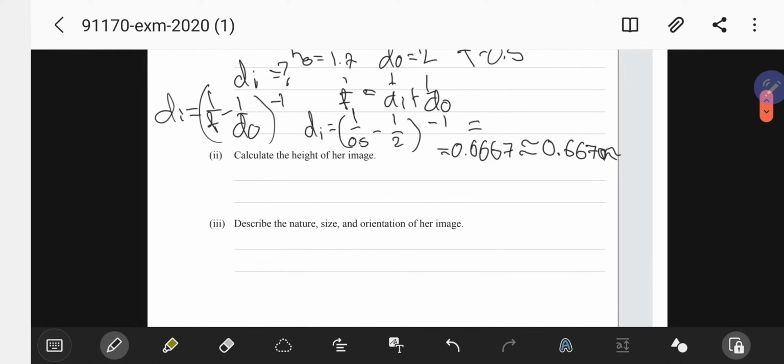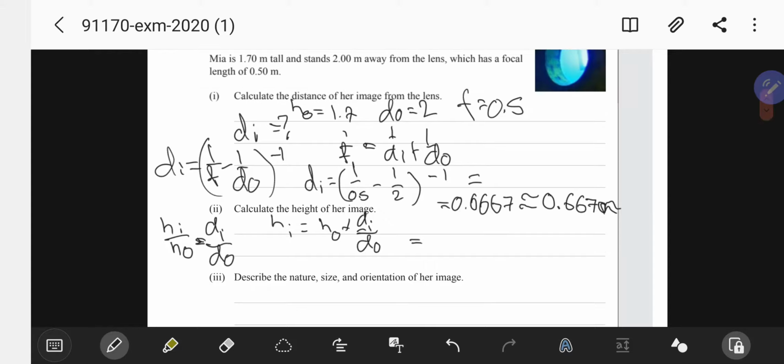Okay. Calculate the height of the image. So the height of the image is going to be hi over ho equals di over do. So hi equals ho times di over do.